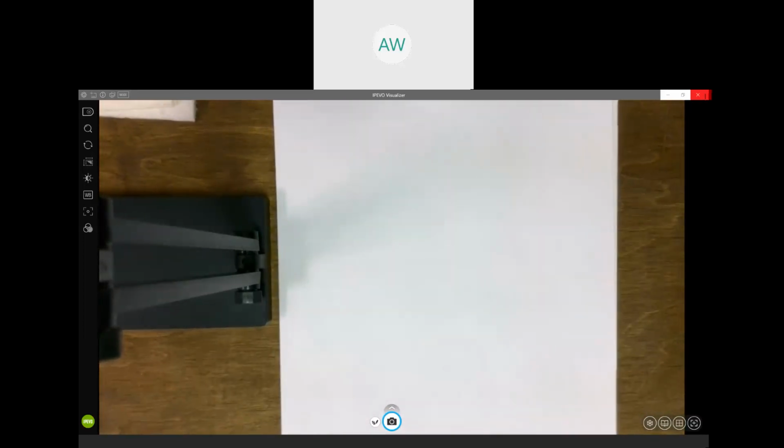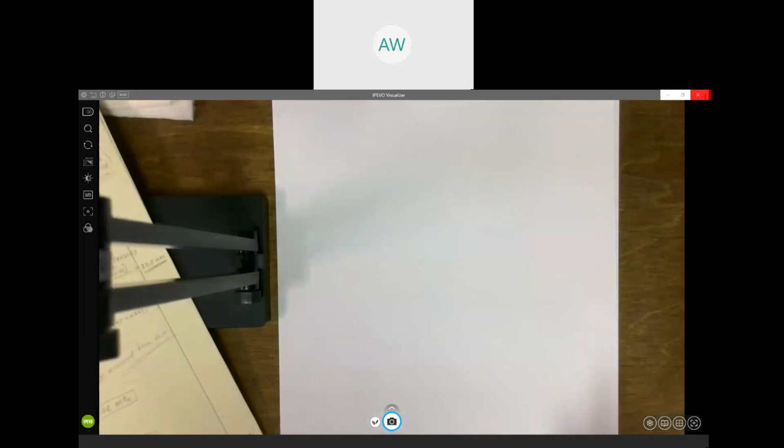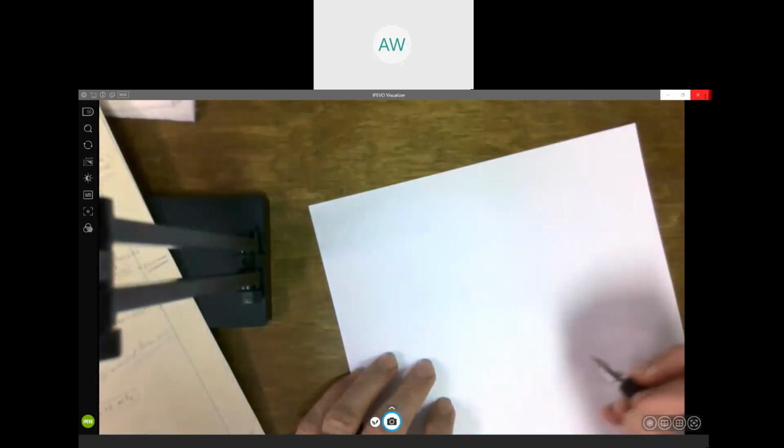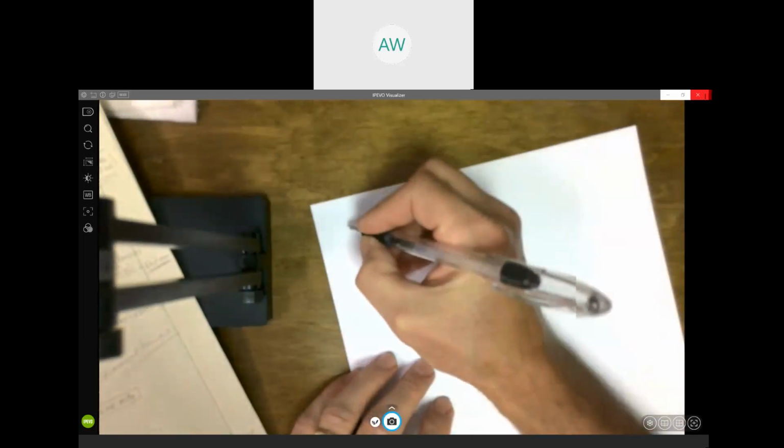All right. So let's see if we can do this one. Yeah, this is a kind of a strange looking cross section.